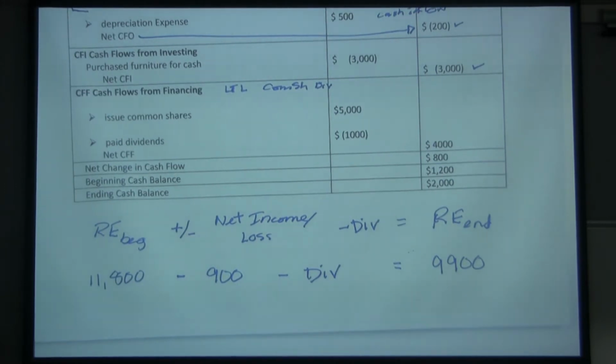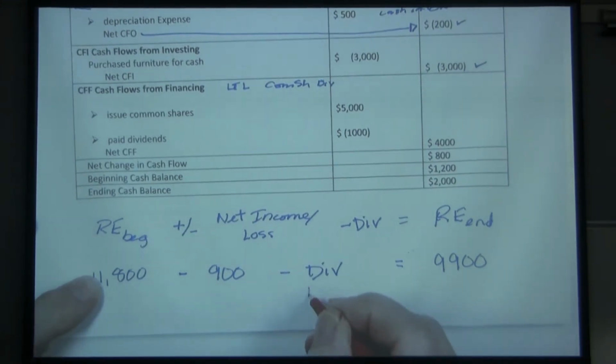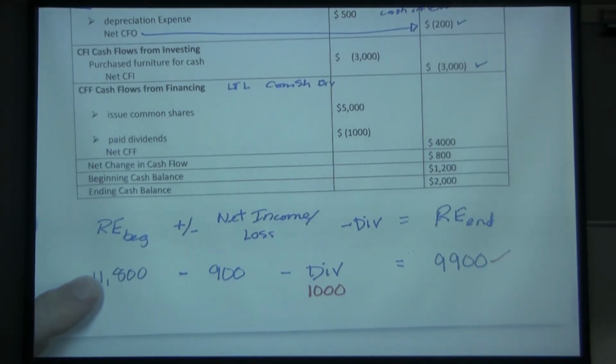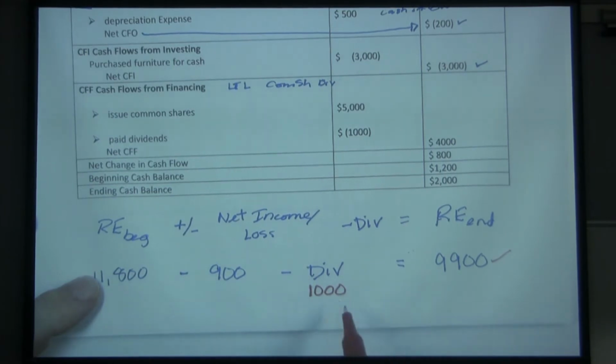You just need to use your calculator. We take 11,800, subtract 900, that's 10,900. So the dividend amount that must have been paid would be $1,000 in order for us to arrive at our ending retained earnings. So that's how you figure out your dividend amount, okay?